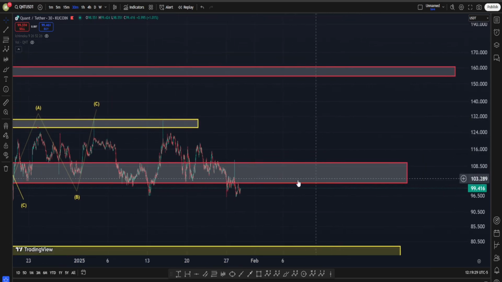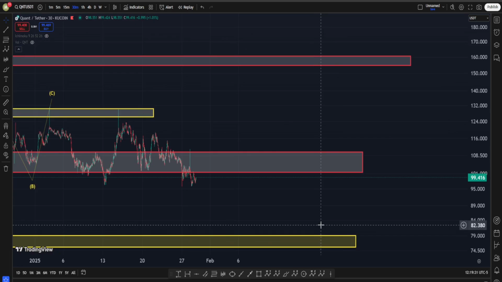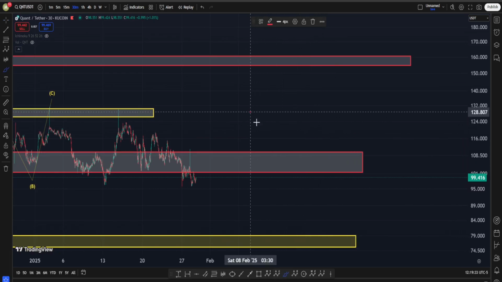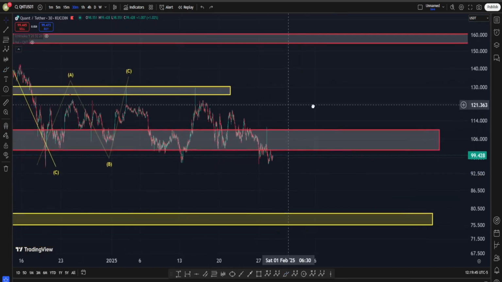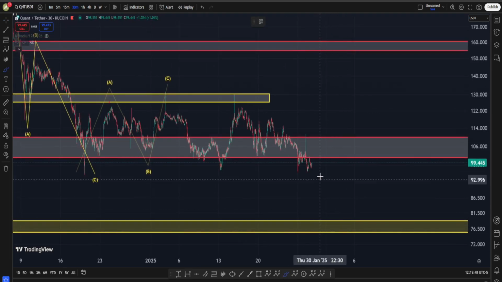Now, if you want to say this region is broken, you need to go on weekly charts, see a candle close under here, pull back, and then a continuation of the move down in order to take this low. At that point, we can say this is a confirmed broken support area. And I have a feeling that we are going to do something like this in quant.